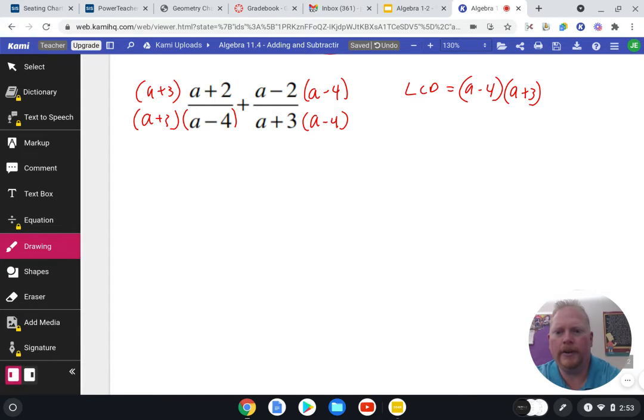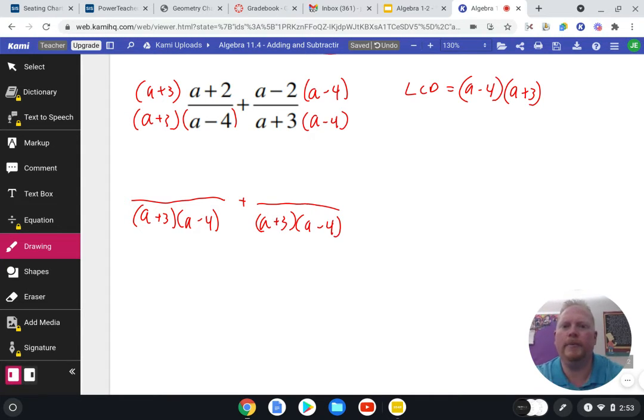Okay, so my denominator is going to be a plus 3 times a minus 4, and my other denominator is also going to be a plus 3 times a minus 4.